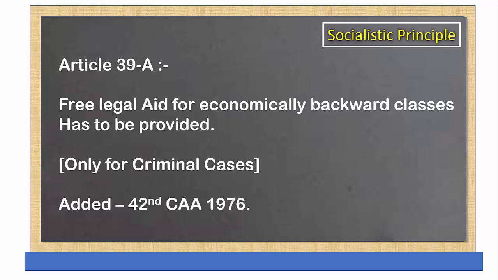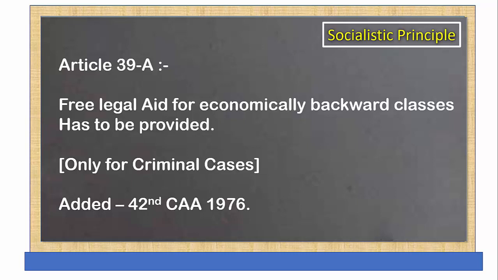It was basically providing free legal aid. As I told you in the sections, suppose there is a case where a person is accused and he has no money to go for any legal support, and he also doesn't know any lawyer.